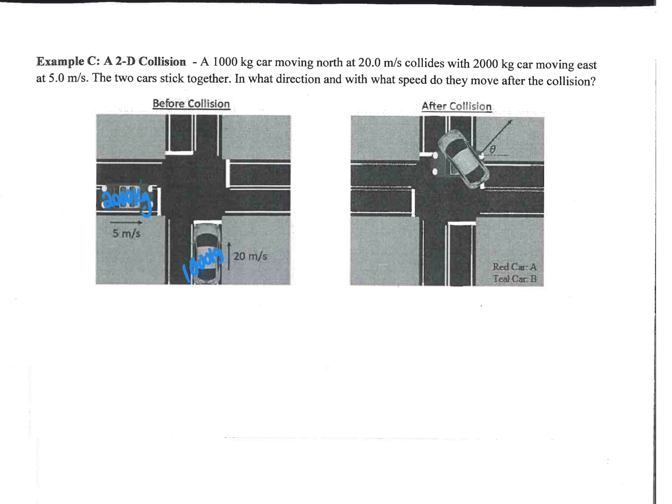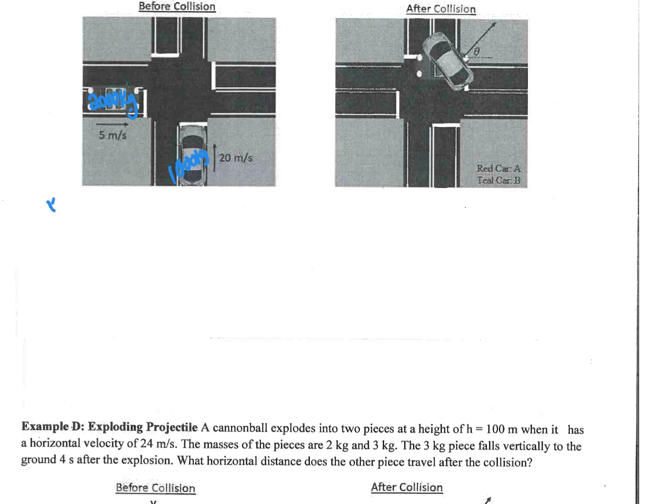So we're going to have to deal with this in two separate ways. We're going to have to look at the x direction. So in the x direction, we know P initial equals P final. So what do we have going in the x direction in the beginning? Well, the lighter car is actually not going in the x direction. It's only the mass of the car going in this direction. We'll call this A, and we'll call this B. Okay, so it's the mass of A times the velocity of A, and then afterwards we're going to have the mass of A and the mass of B moving with some x direction velocity.